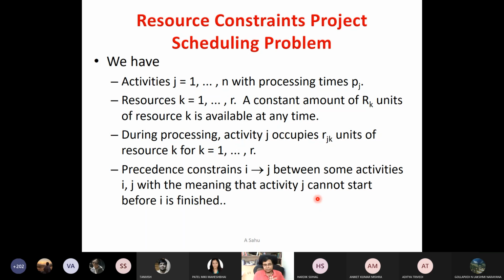And this is the precedence constraint: i to j means activity j cannot start before i is finished. In terms of a DAG, directed acyclic graph, not a general directed graph. If there is a cycle, then we cannot define the predecessor and successor.